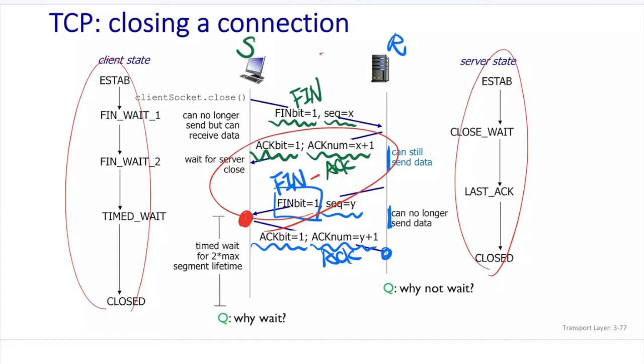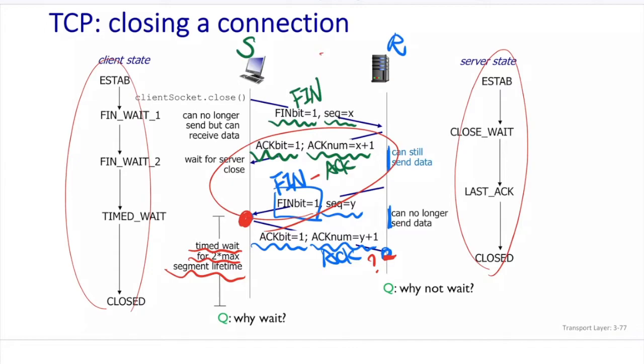So when the client sends the last ACK, which is the last blue ACK, to the server, we have no idea if the ACK arrives at the receiver, at the server or not, because it is the last segment exchanged between S and R. So we don't know if this arrives or not, because even after the server receives such an ACK, it will not send any data back to the sender, right?